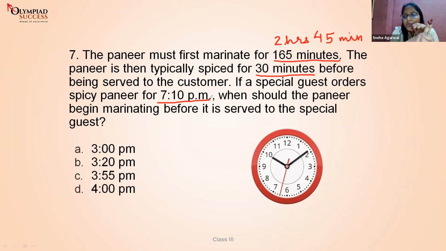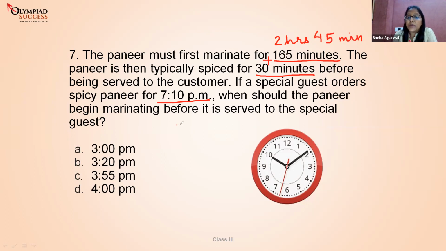So the total time they need is 2 hours 45 minutes plus 30 minutes, which makes 2 hours 75 minutes, right? That means if a customer is ordering, they have to prepare the paneer at least 2 hours 75 minutes before that, right?